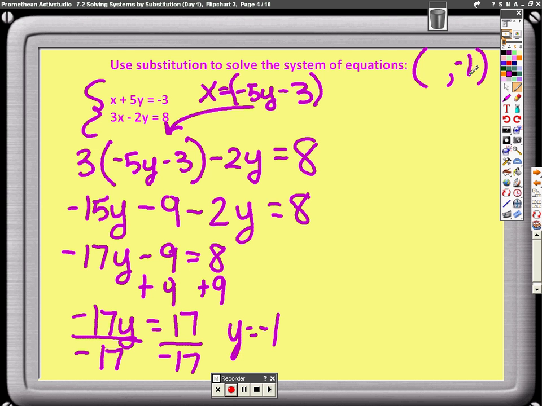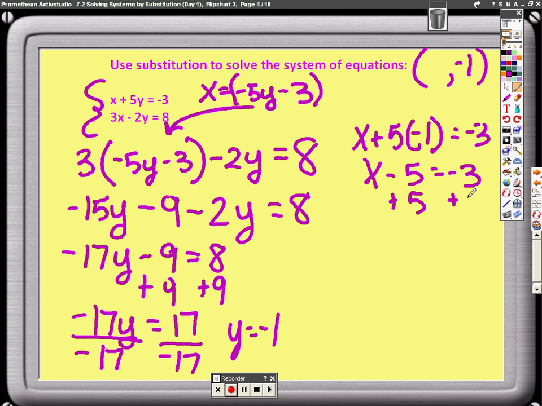And the next thing I need to do then is to figure out what x is. I'm just going to go back to the first original equation and substitute in negative 1 for y. So I have x plus 5 times negative 1 equals negative 3. All right, then I have x minus 5 equals negative 3. I'm going to add 5, and I end up with x equals 2.